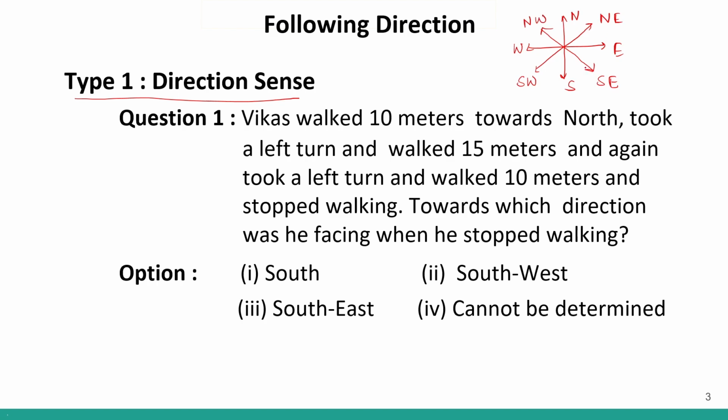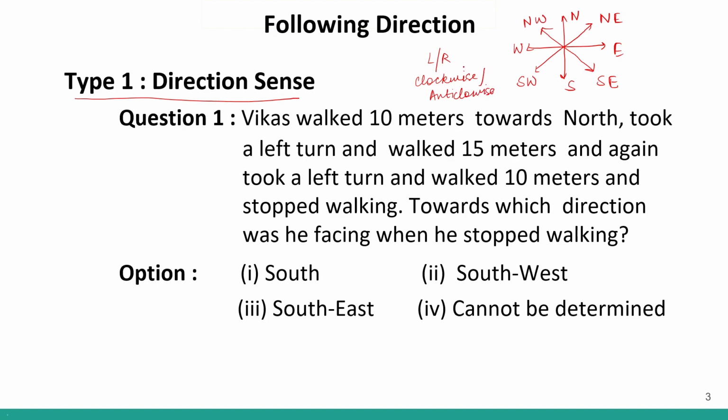Then I also told you about relative direction, how to find directions from one person or one object's point of view. Then we also discussed left and right. Then we also discussed clockwise and anti-clockwise directions. What do you mean by them?